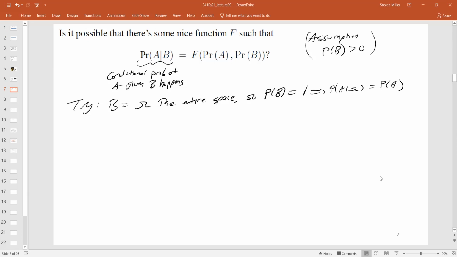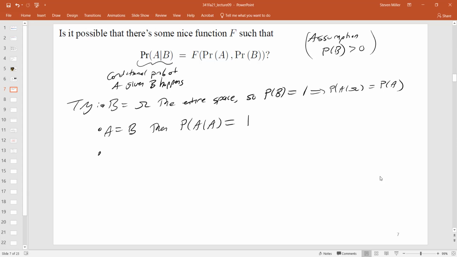Good. So we could try, if A equals B, then the probability of A given A is just 1, right? Given that A happens, what is the probability that A happens? 1. There's another interesting case to take.